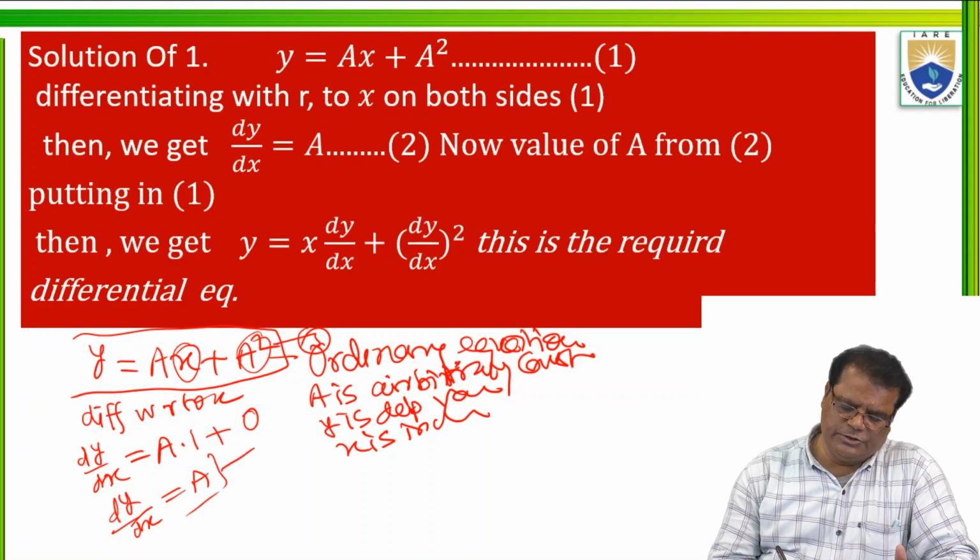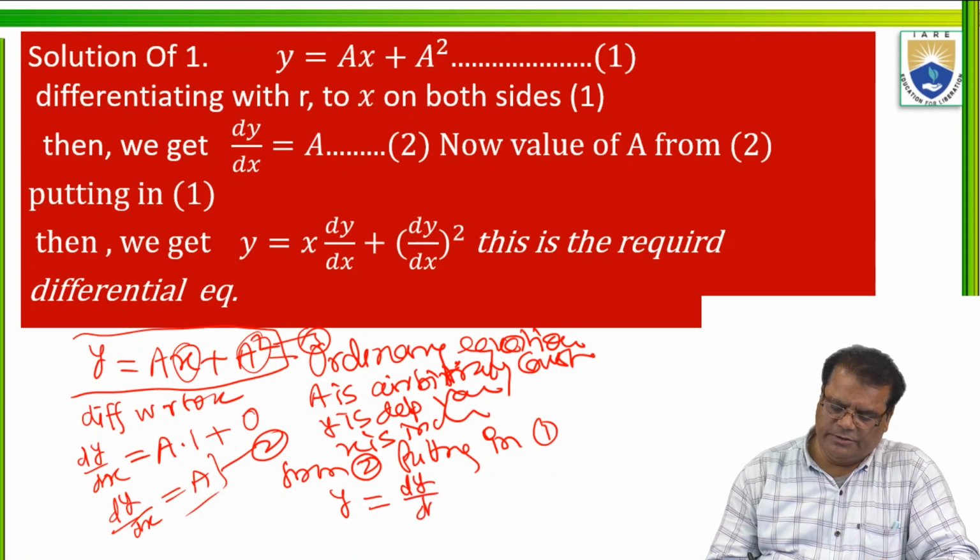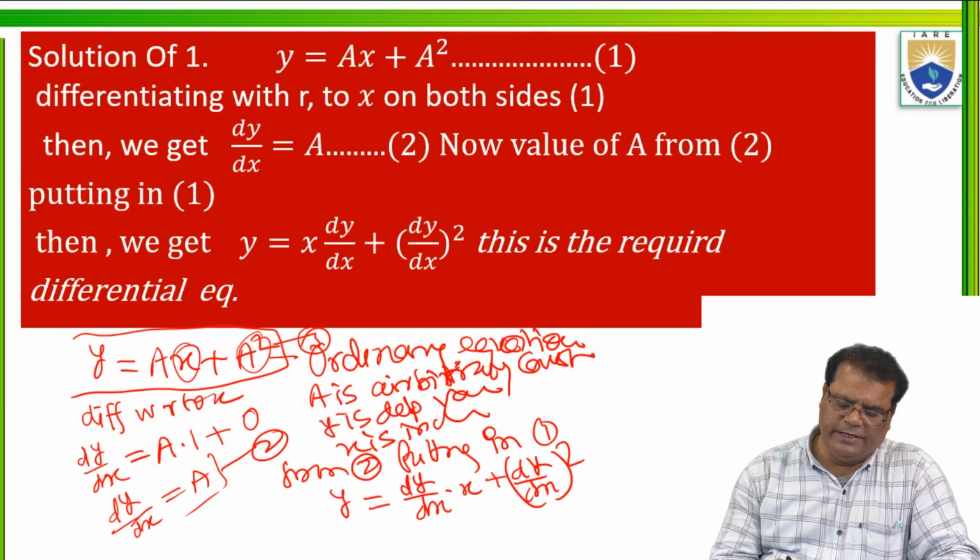This value we put in equation 2, from 2 putting in 1. So y is equal to a x plus a square, with a as dy/dx. So y is equal to (dy/dx) times x plus (dy/dx) whole square. In place of a, we are putting the value dy/dx.